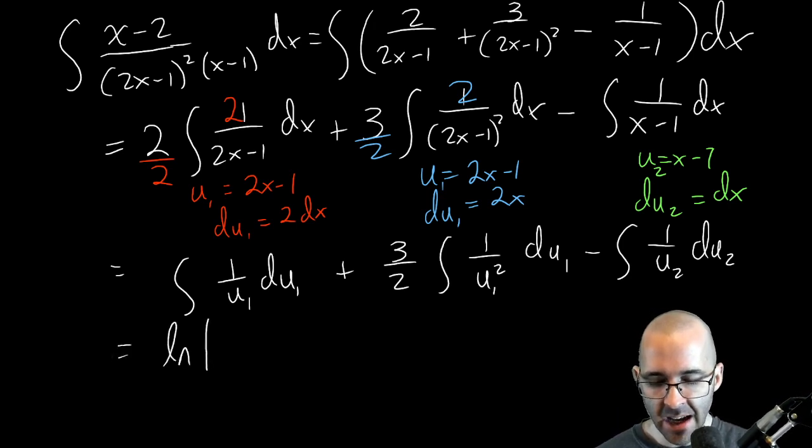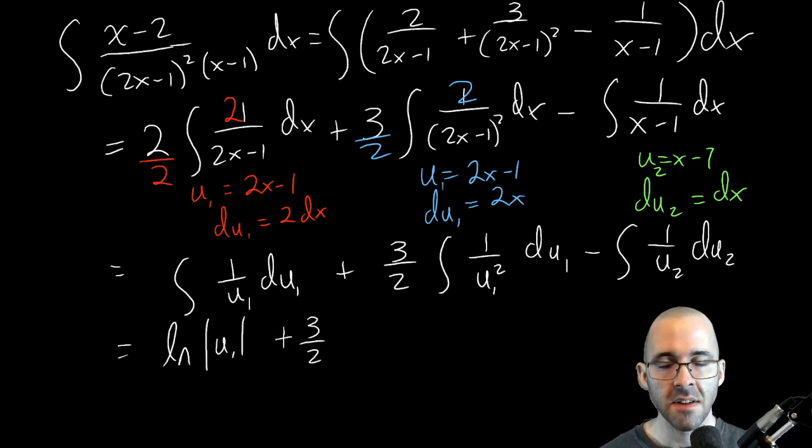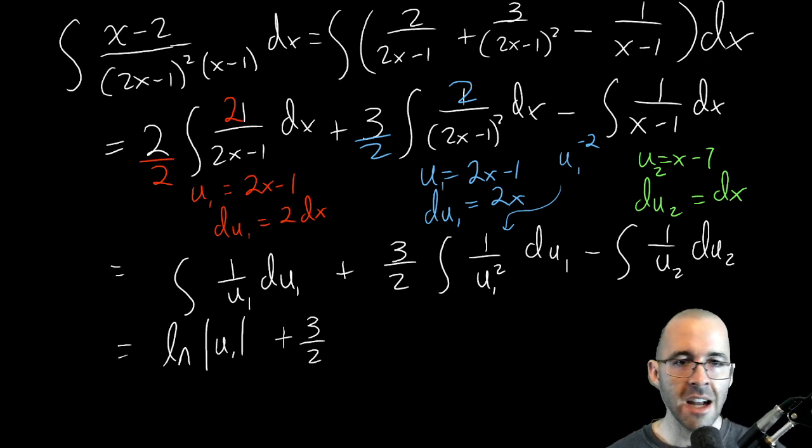This becomes the natural log of the absolute value of our first u plus 3 halves. Oh, this is u1 to the negative 2. We don't use natural logs anymore. Do not use natural logs on this.